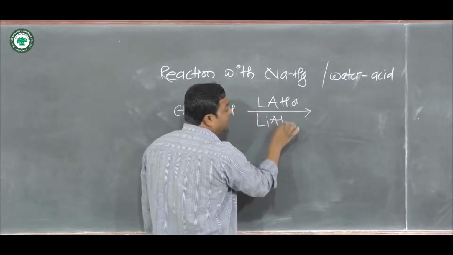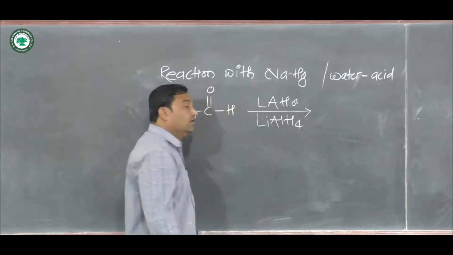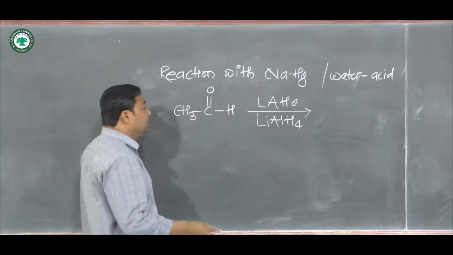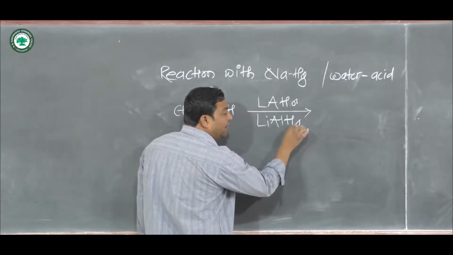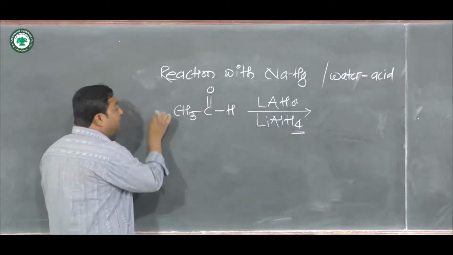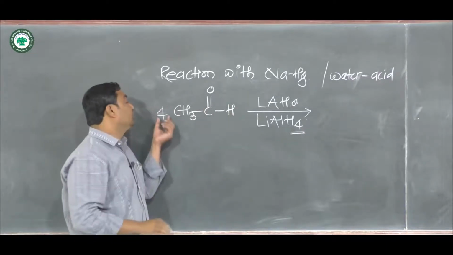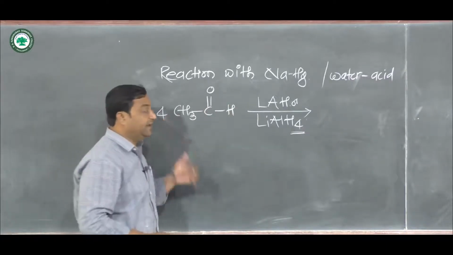Hence, this lithium aluminium hydride can also be written as LiAlH4. In first step, generally lithium aluminium hydride has 4 hydride ions. That's why to maintain this stoichiometry, we have to use 4 molecules of acetaldehyde.